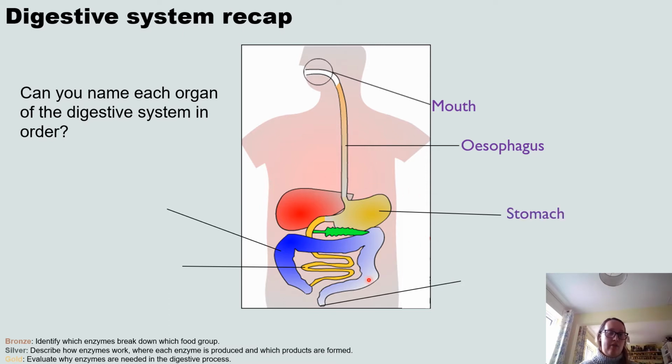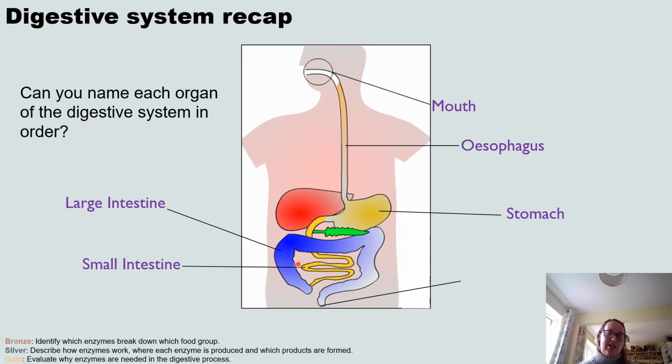That is where our food is churned up and broken down, or the start of the breakdown process. And then we've got the large intestine. Remember, that is the last bit that the food goes into. So we've taken all the nutrients that we need from our food that we consume, and it goes into the large intestine as a waste product.